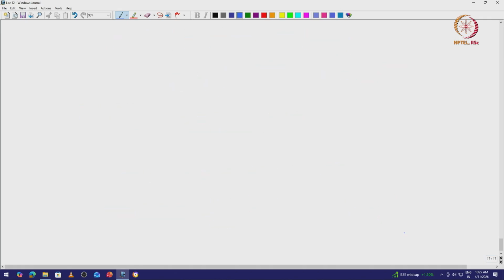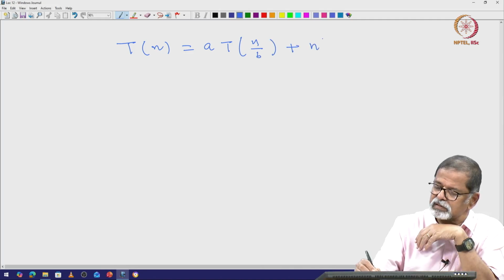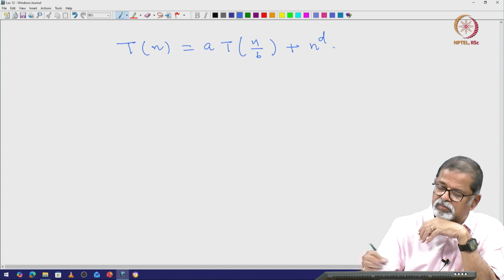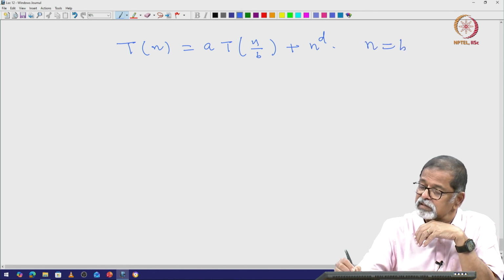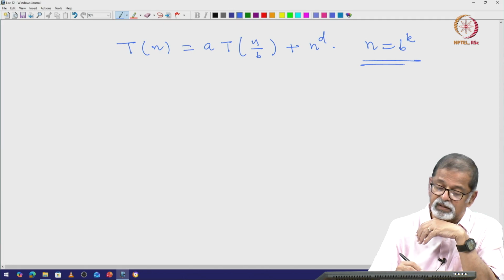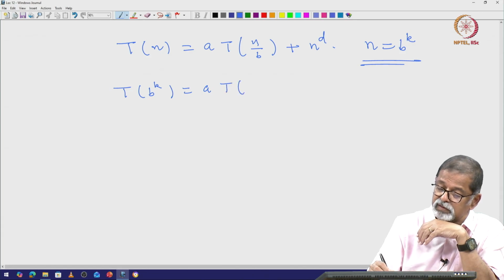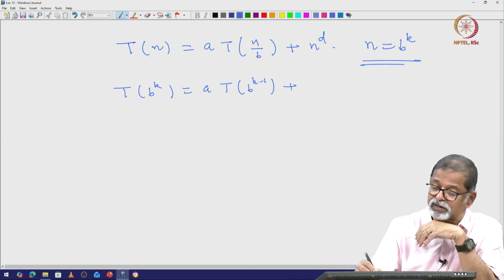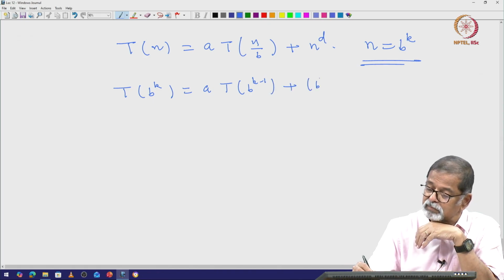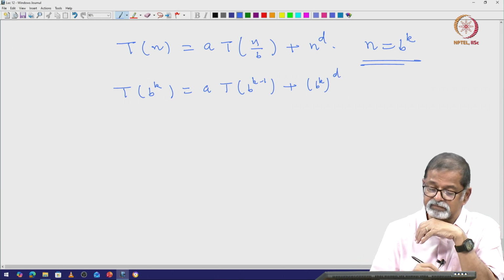So, if you look at T of n equals A times T of n by B plus n power d, by assuming n is a power of b, you get T of b power k is A times T of n by b is b power k minus 1 plus n is b power k whole power d.